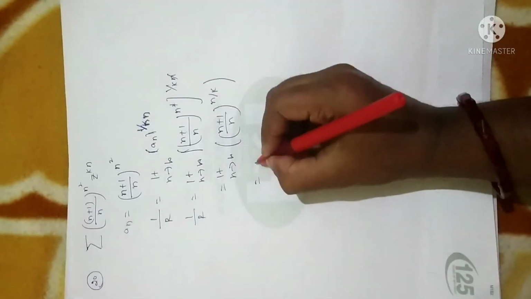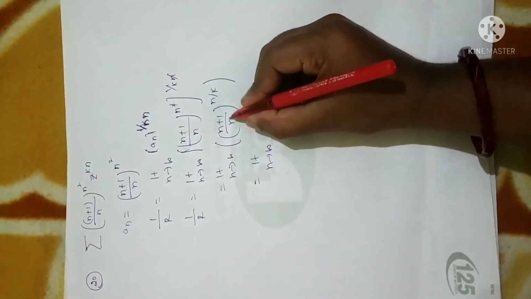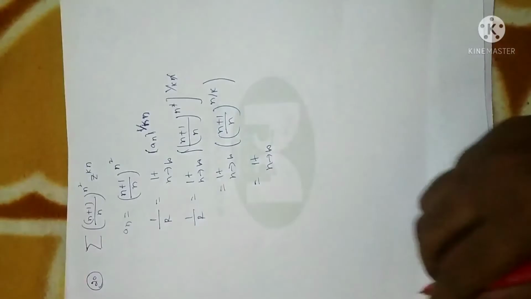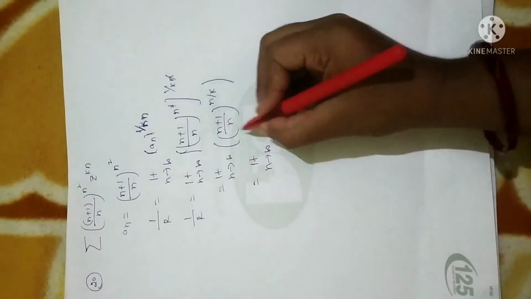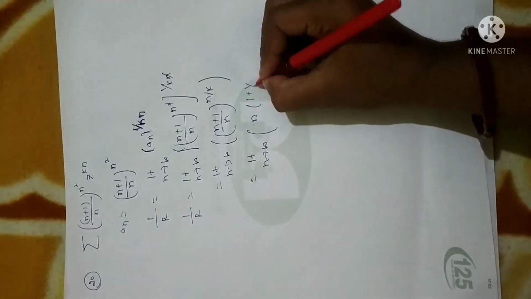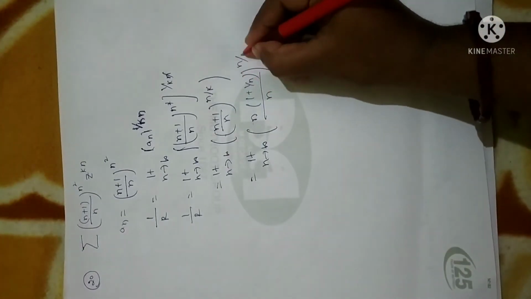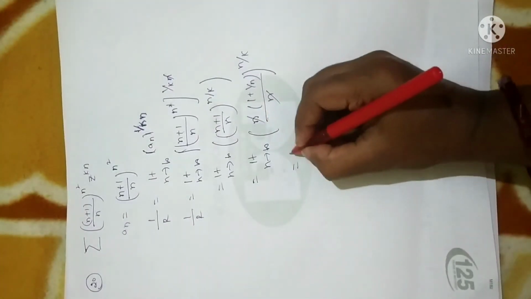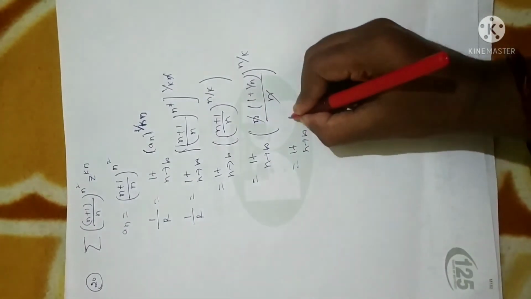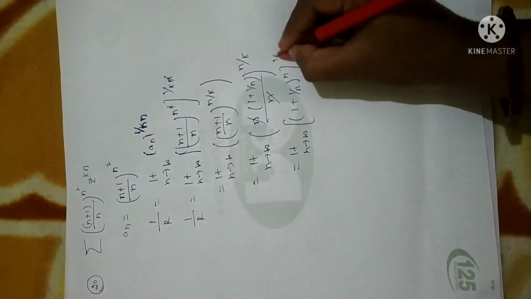Or else I can rearrange this as limit n tending to infinity, and take n as common term inside the bracket. So you will get (1 plus 1 by n) divided by n whole power of n by k. So n gets cancelled. You will get limit n tending to infinity (1 plus 1 by n) whole power of n, whole power of 1 by k.